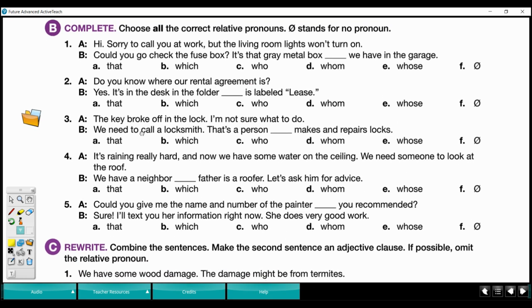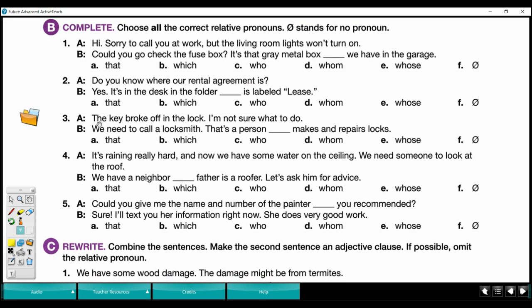Okay. Dialogue number three. Person A says, "The key broke off in the lock. I'm not sure what to do." Person B says, "We need to call a locksmith." That's a person. So here's our clue. We're modifying a person. And in this case, a person that makes and repairs locks or who.